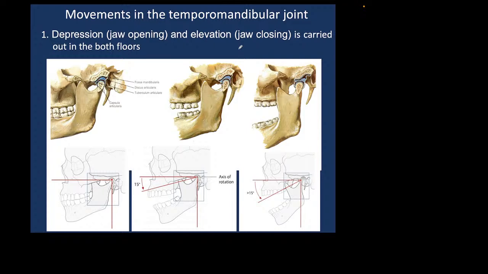Movement in the temporomandibular joints takes two phases. We distinguish two phases. Here you see the closed mandible, but in the first stage, when the mandible moves down or opens, when we open the mouth, it is up to 15 degrees.